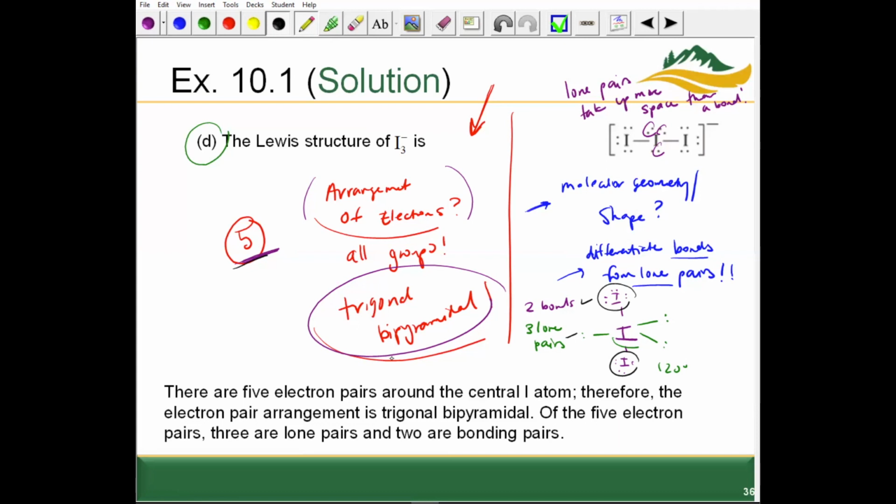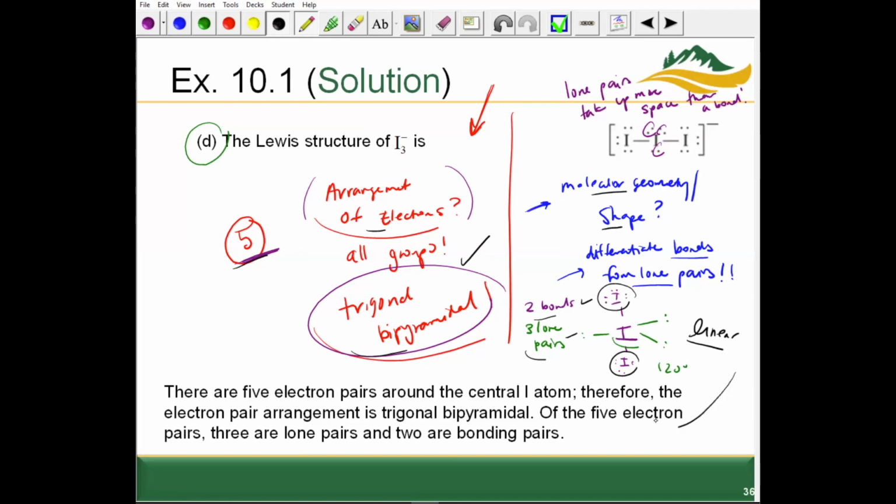So within this category of trigonal bipyramidal, when there are 2 bonds to the central atom and 3 lone pairs, we actually consider this linear molecular geometry, all within the category of trigonal bipyramidal arrangement of electrons.